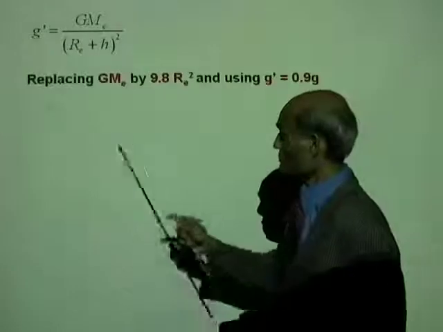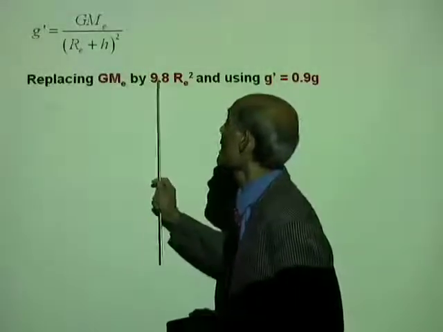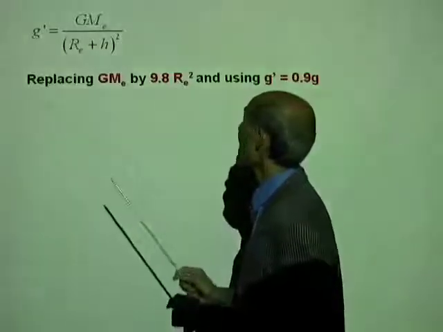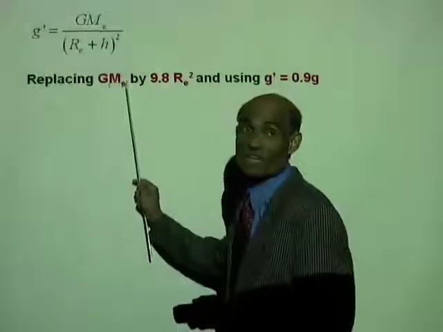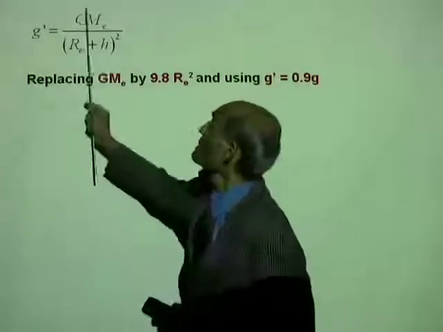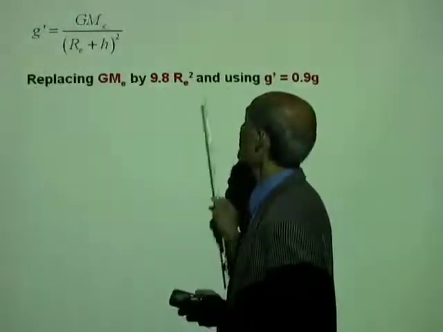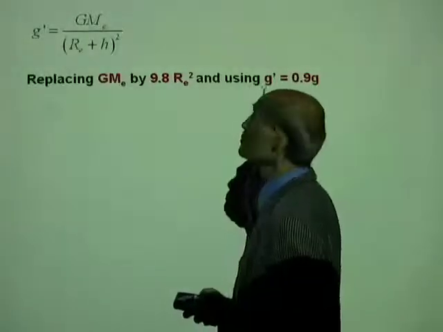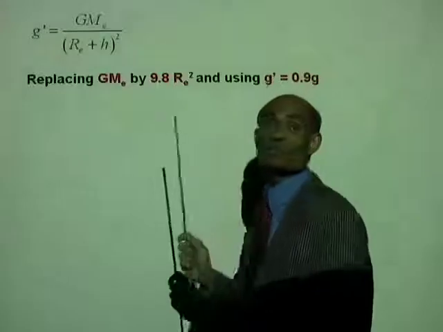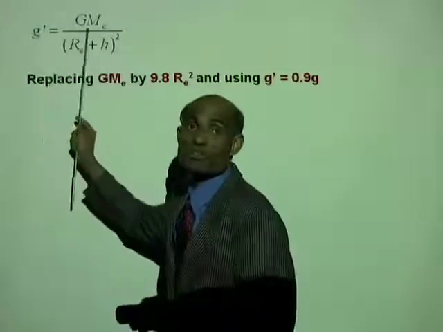Alright. Let's now replace GME by 9.8 Re squared. Is that right? GME is g Re squared. So we can replace this GME by 9.8 Re squared, and we can use g prime equal to 0.9 g. So there are two things we are going to do here.